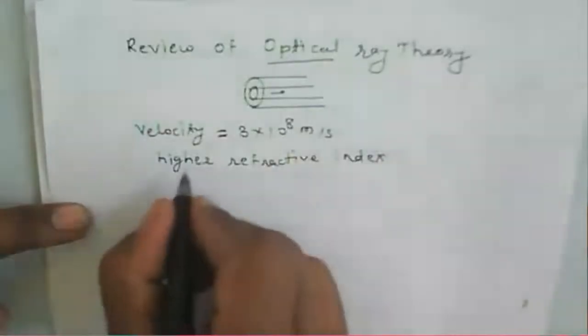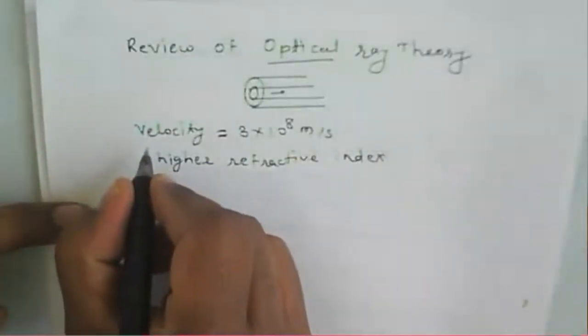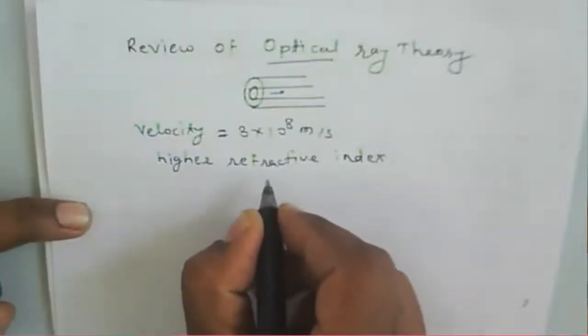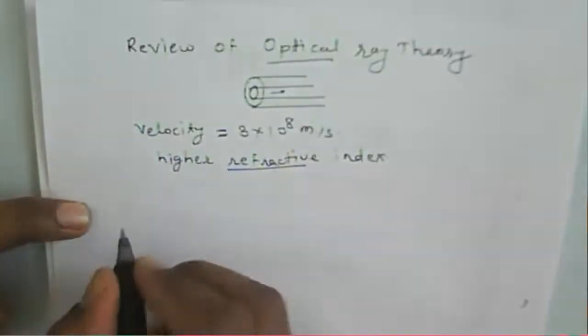Based on that, the velocity of the light varies according to the refractive index.